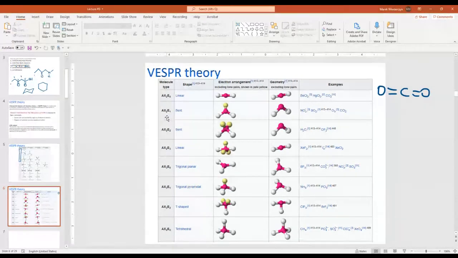Then the steric number here is 3, so you have two ligands and one lone pair of electrons. Some examples of that could be ozone, or, it says, carbon dichloride.